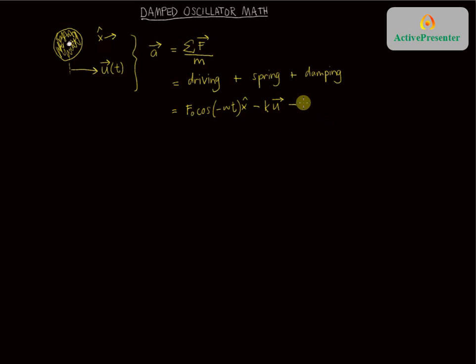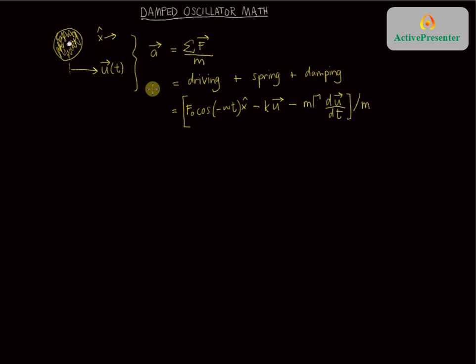And we're going to write it as some constants, the mass times some constant gamma, and then the velocity. So the greater your velocity is in a given direction, the more the damping pushes in the opposite direction, like wind resistance, something like that. So these are all of the forces, and we divide by the mass in order to get the acceleration.